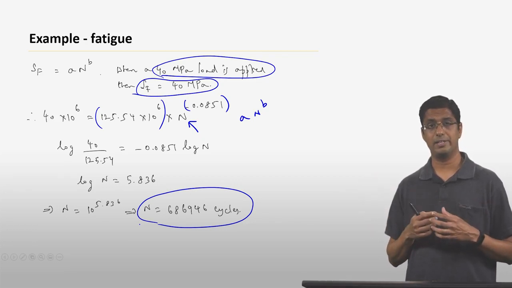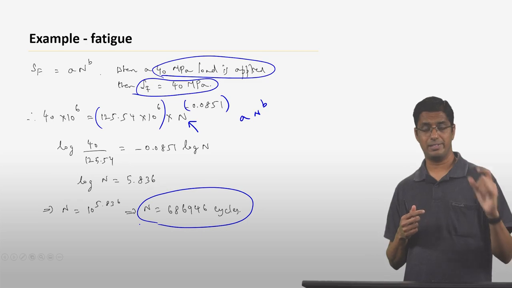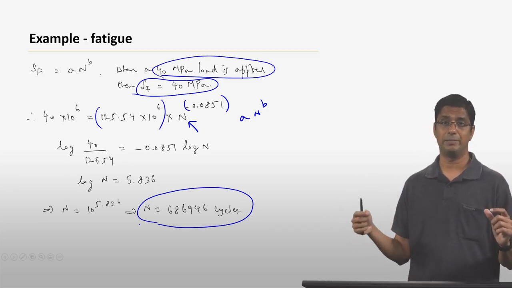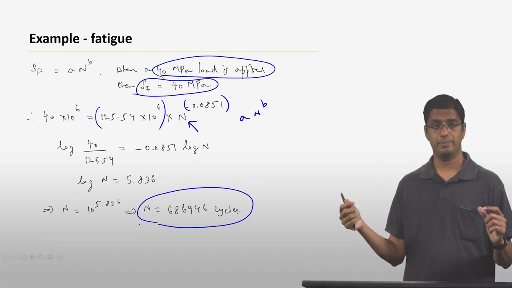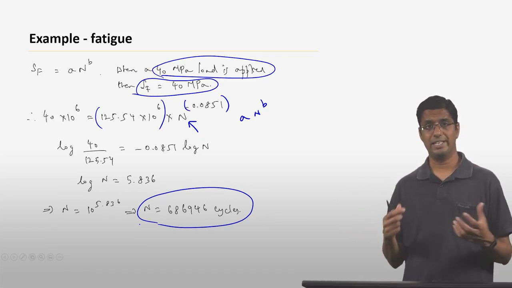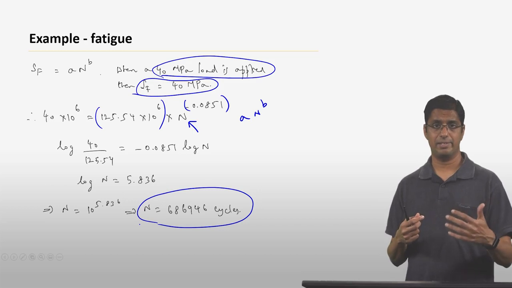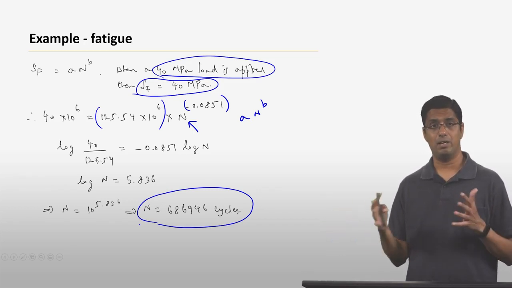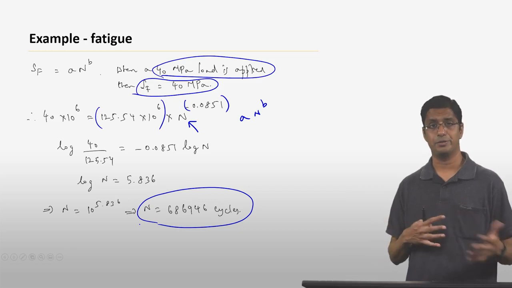So what it tells you is that even if you reduce the stress a little bit, the number of cycles you need to actually fail the material increases quite a bit. That's why in fatigue, even small increases in stress can have a large effect on when the material or the structure is going to fail.